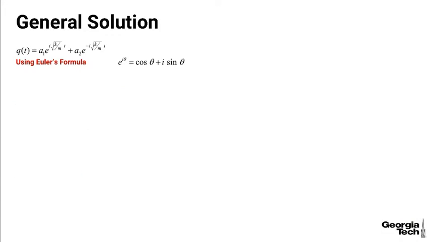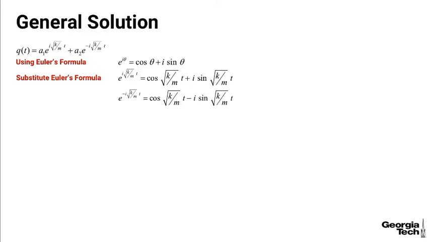So here we are. There's my complex exponential form. I'm going to substitute Euler's formula in. So I've got e to the i theta, where theta equals the square root of k over m t, equal to cosine square root of k over m t, plus i sine square root of k over m t.